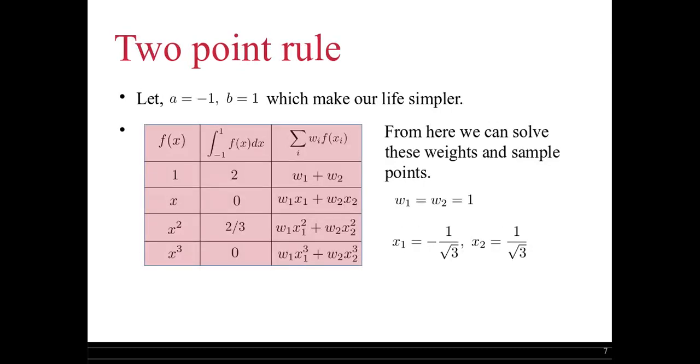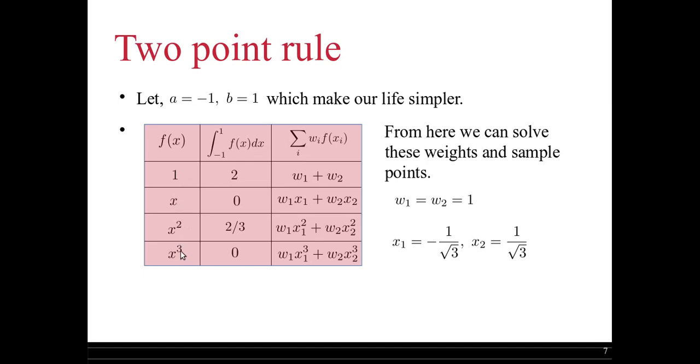For the 2-point rule, let me show you, I have put a equal to minus 1 and b equal to 1, which makes our life simpler. And for this we have made the table in a similar way. Now I am using the 2-point rule, so capital N is equal to 2, therefore k can go from 0 to 2n minus 1, so 2n minus 1 is 3.